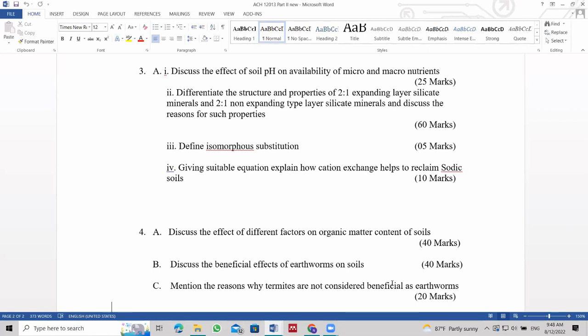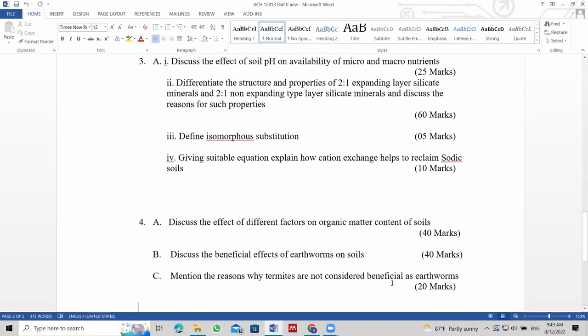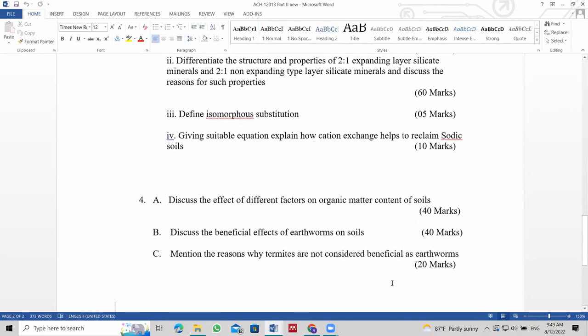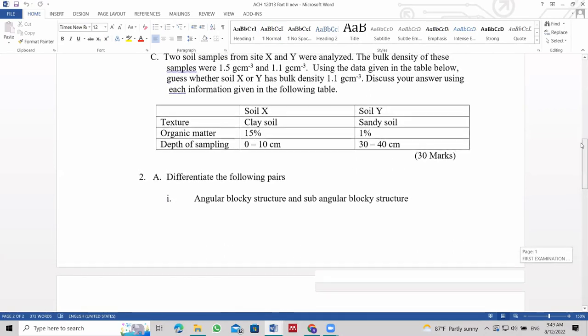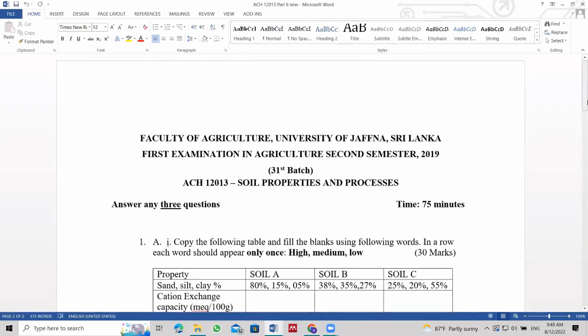Okay, so these are the two reasons. One is they physically disturb the activities in the field, and also they do not have a beneficial effect as earthworms, and they do not improve the organic matter content in the soil. Those are the reasons why termites are not considered as beneficial as earthworms.